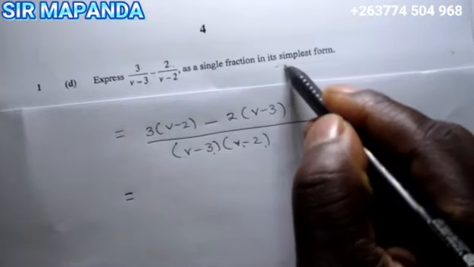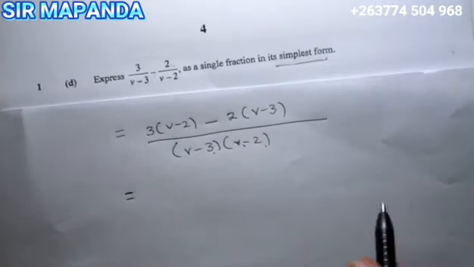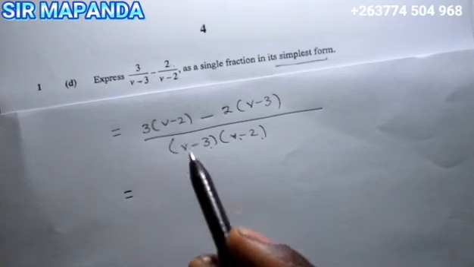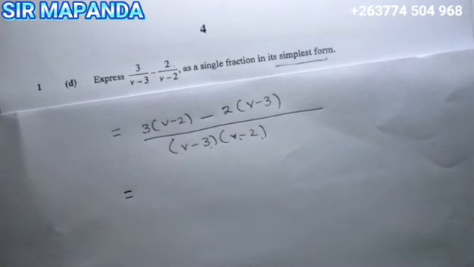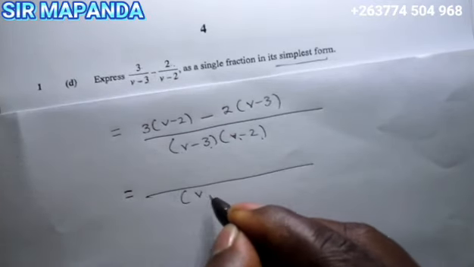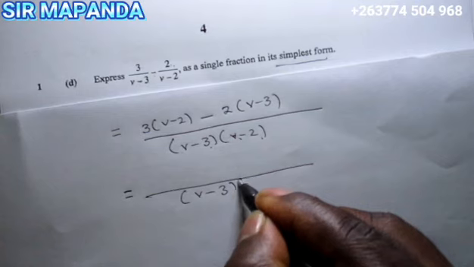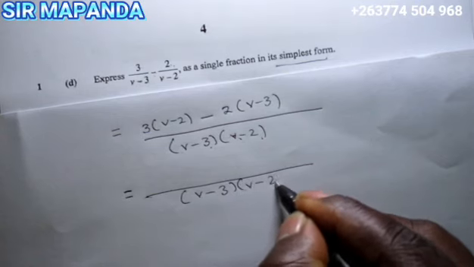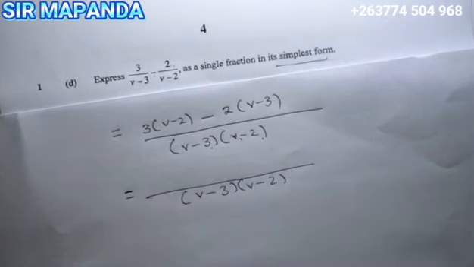So to express it in its simplest form, right, you then need to remove brackets on your numerator and collect like terms whilst maintaining your LCM. So there is no need for you to expand the LCM. Your LCM, v minus 3 and v minus 2, you are going to leave them in the same form. But you expand and remove brackets on your numerator, then you collect like terms, right?